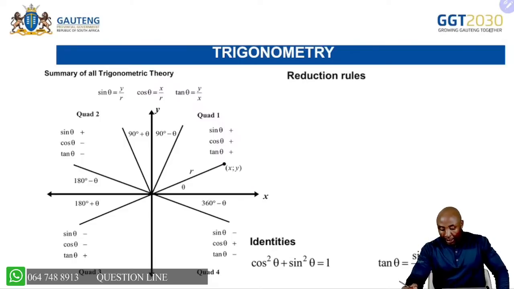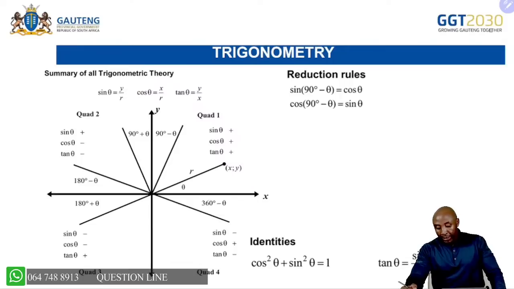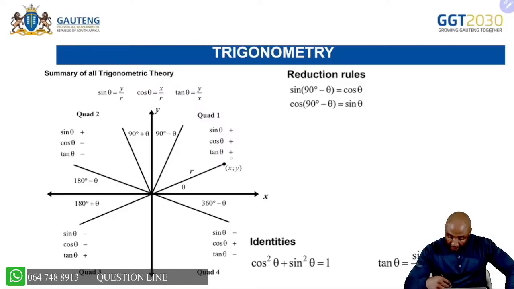Now, our reduction rules. We know that we have our cofunctions. In the first quadrant, we are dealing with theta, and we know that all of them are positive because our x and y are positive.